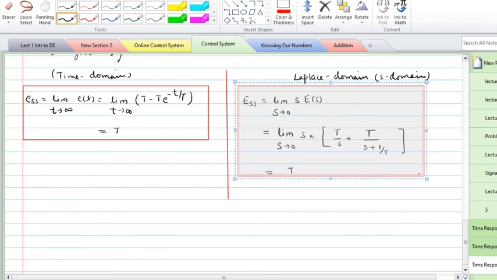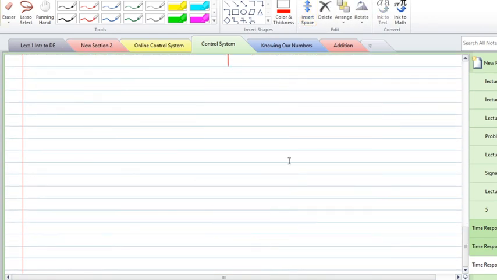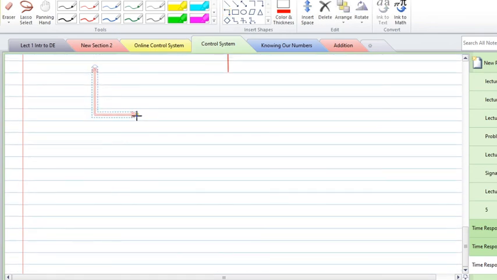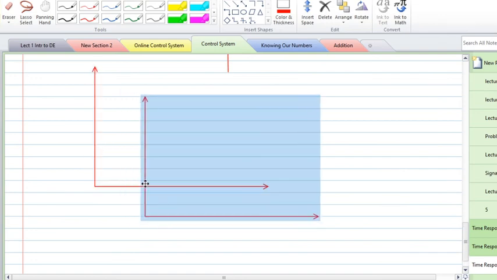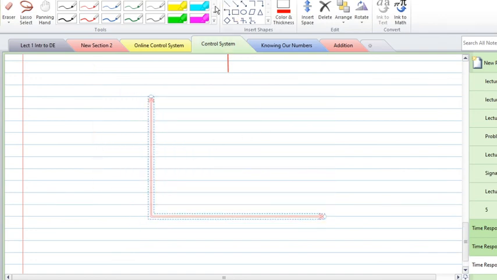So let's look at the pictorial view or graphical view of this error and the response. Graphically, if we see the response, let us suppose this is your t here, and here we have to plot c(t).